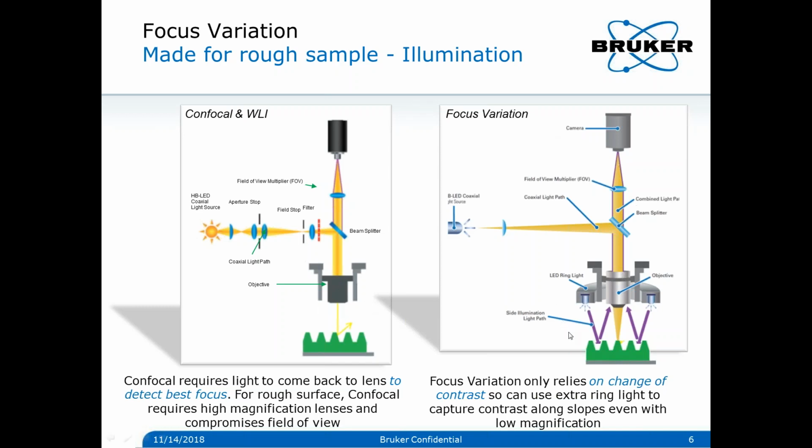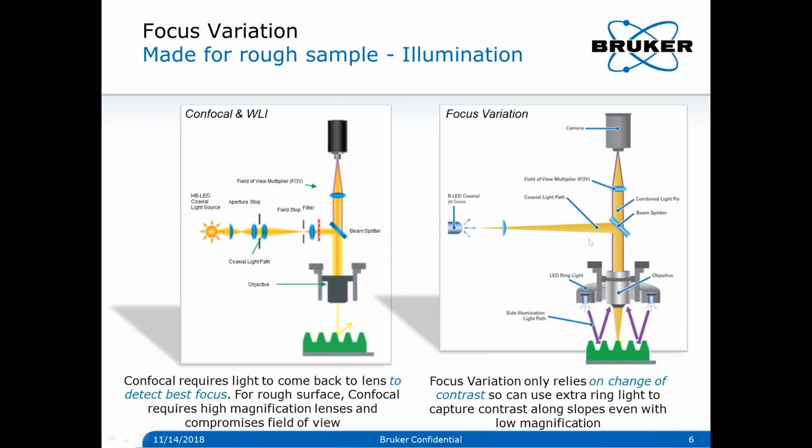On the contrary, focus variation is based on a contrast method. So whatever light we can bring extra to reveal details and get contrast is more than welcome. That's the reason why we usually use a ring light made of LEDs on top of the coaxial light, so that the shadow angle of this light will bounce back toward the objective and be seen by the camera.